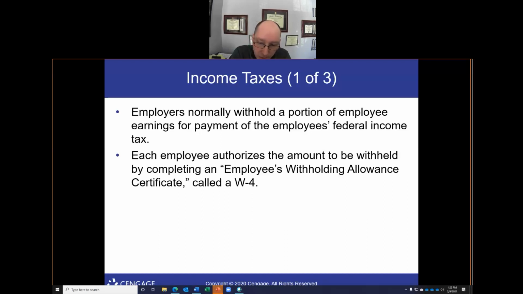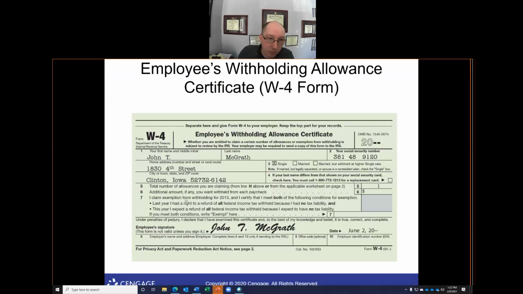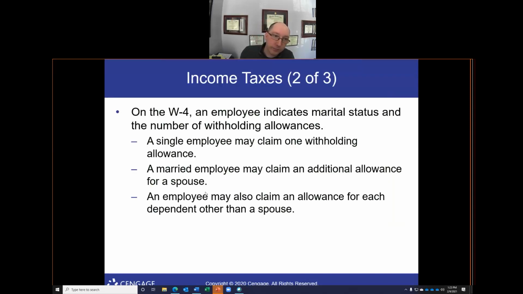It tells how much should be withheld from your paycheck every week. This is an example of a W-4 form. It's got your name on it, number of allowances. The W-4 indicates marital status, withholdings, any other deductions you want, things like that.